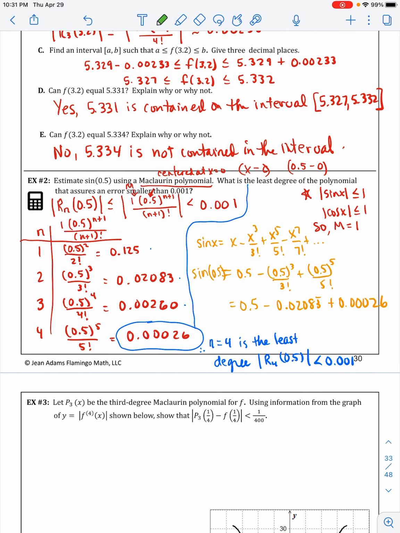This one gives me 0.02083, and then this one gives me 0.00026, and this one that I just spotted is the first one that is less than 0.001. And so this is to the 5th power.